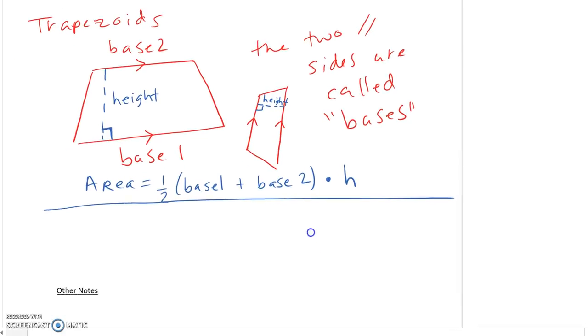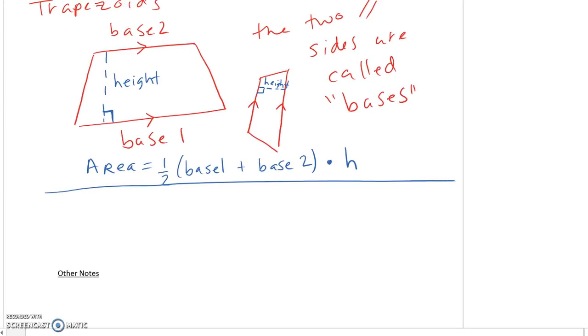The other shapes that we're going to do actually have the same formula. If you have a kite, right, consecutive pairs of sides are congruent, or a rhombus.